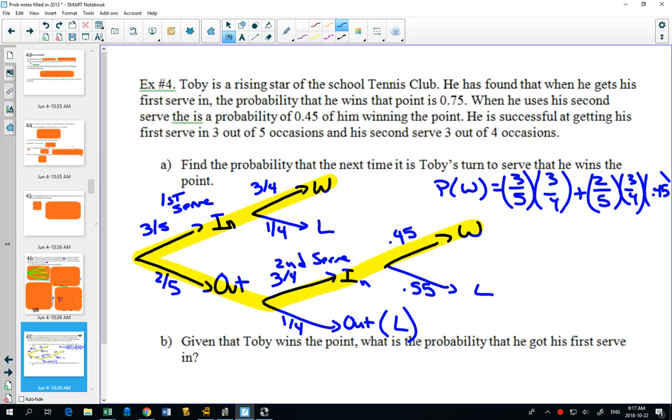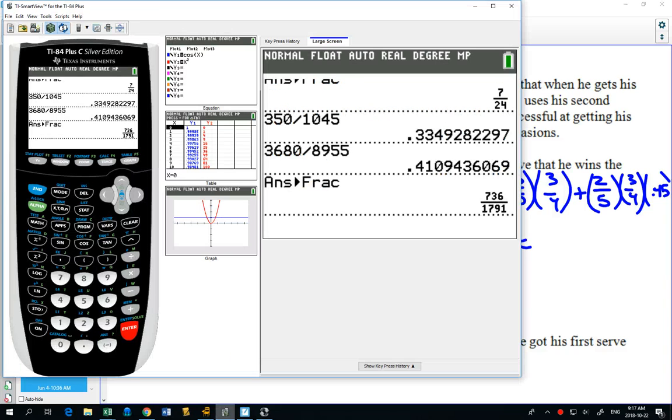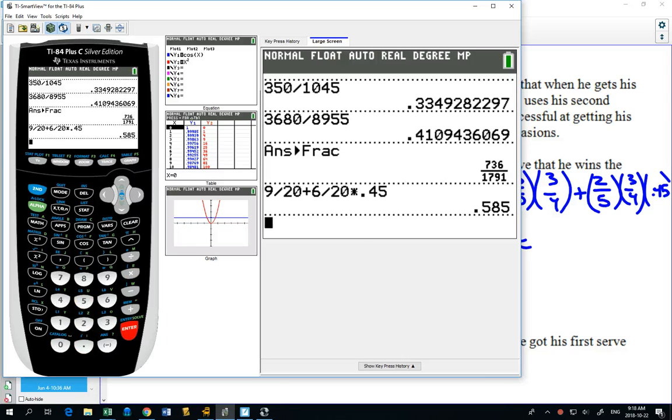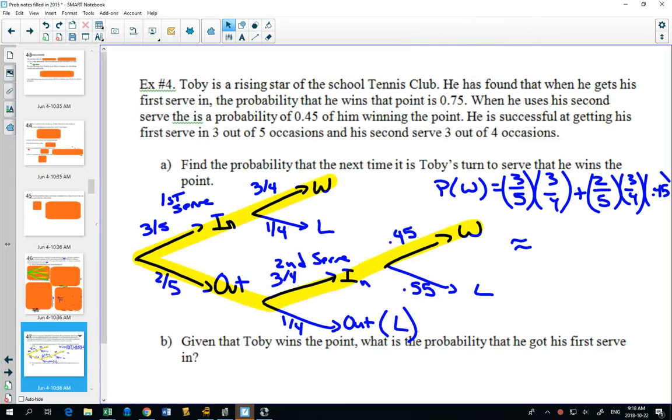Someone already calculated that? I'll put it in my calculator so we have it as well. 3/5 times 3/4, that's going to be 9/20 plus 6/20 times 0.45. 0.585. Oh, I don't even need approximation signs because that's exact.